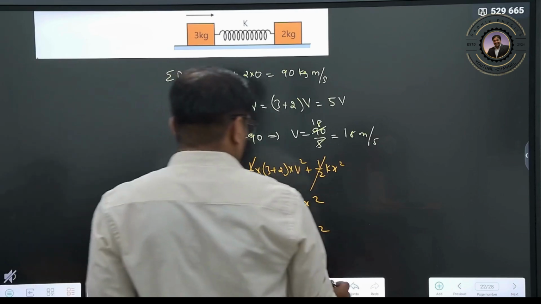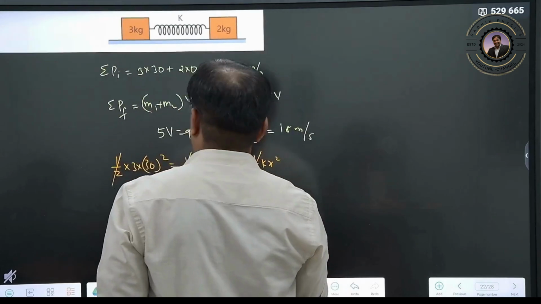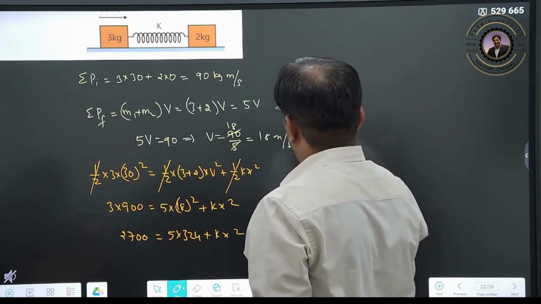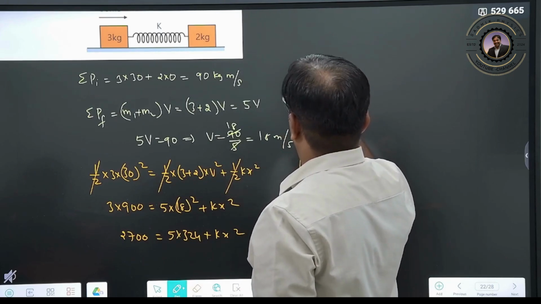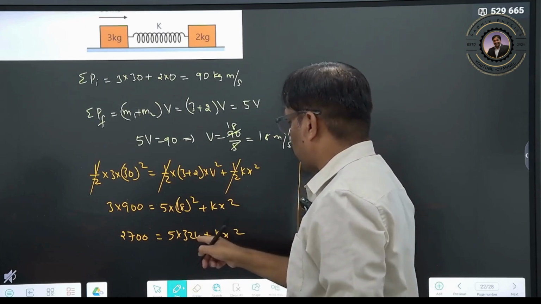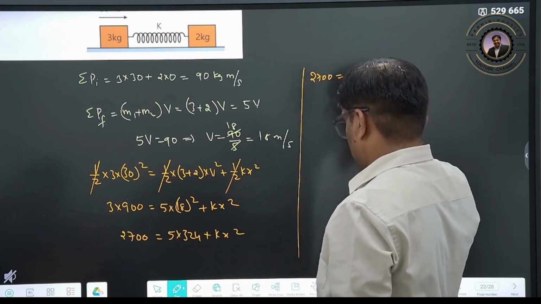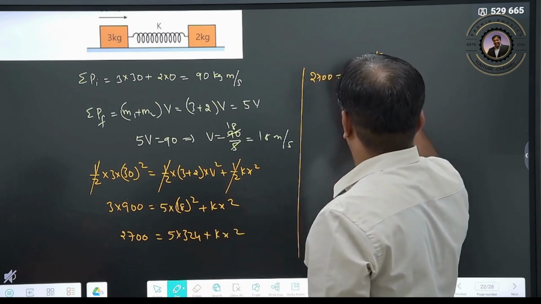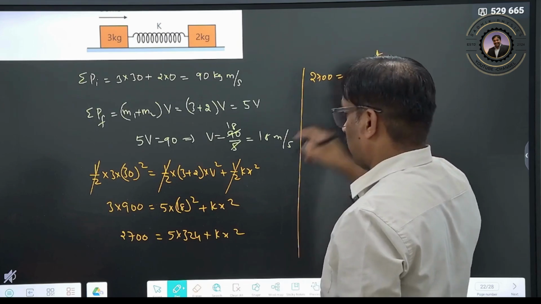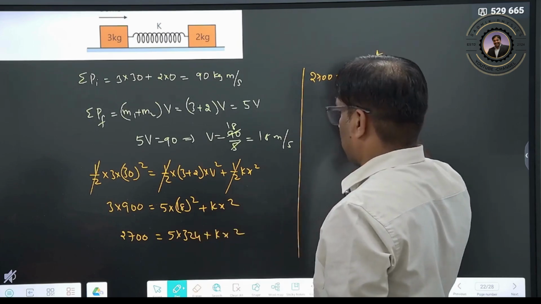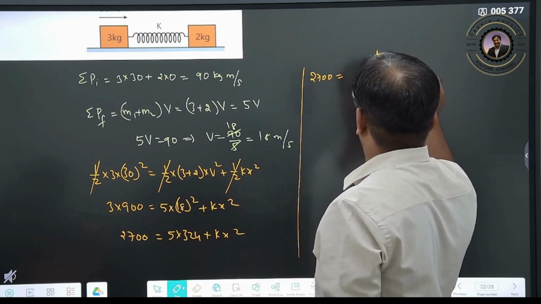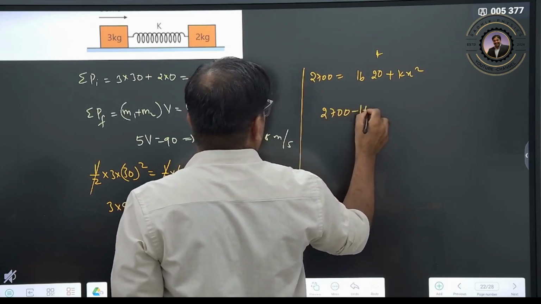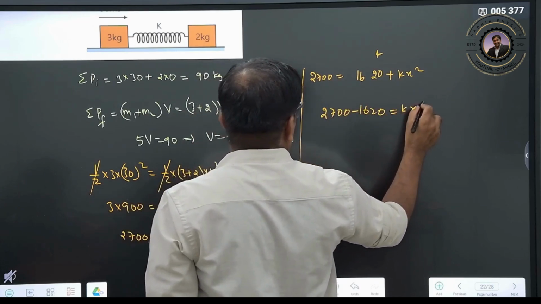So 324 into 5 is 1620, plus k x square. Taking it here, 2700 minus 1620 is equal to k x square.